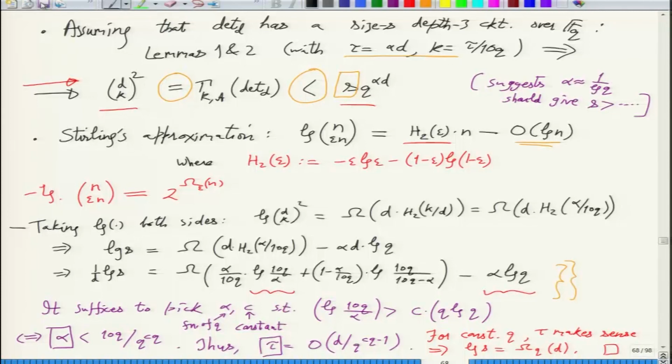So it is an open question to make it work for larger q's, larger finite fields.